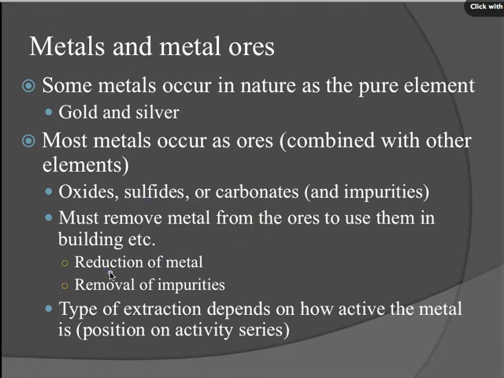So most often this is done with some reduction. Okay, remember your redox reactions. This unit will serve as kind of a mini review for redox as well. Okay, so we reduce the metal and then we remove the impurities. And then how we extract that metal, how we separate out those impurities does depend on how active the metal is.